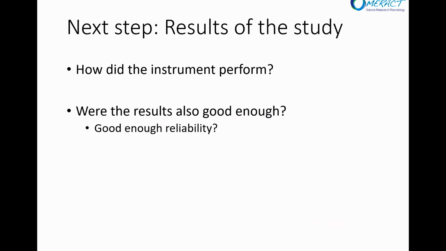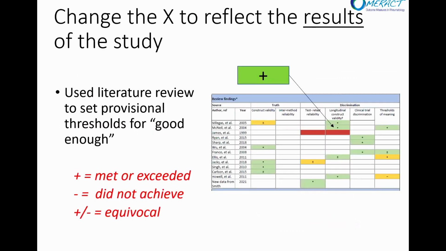So the next step is to look at the results of the study. So how did the instrument actually perform? And were the results good enough? Like, did the actual study show that this instrument had good enough reliability? And at this stage, we're changing the X's to reflect the results of the study.